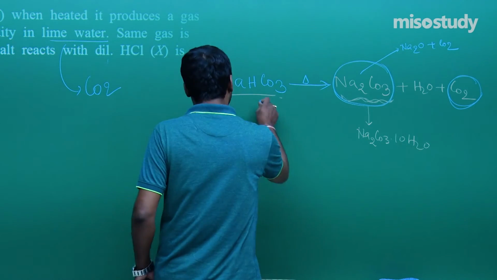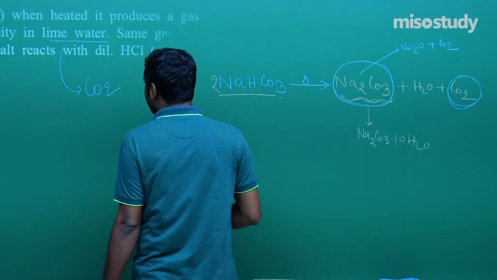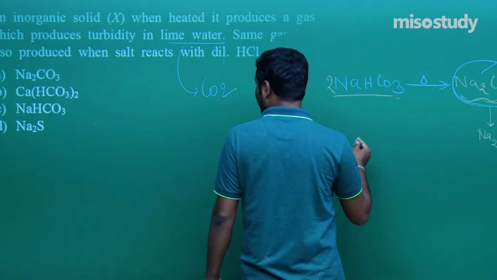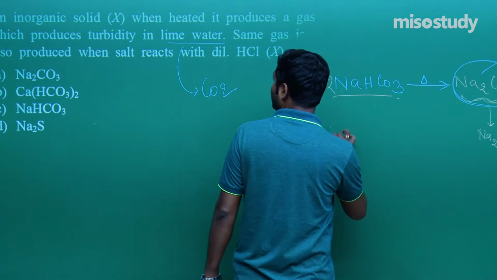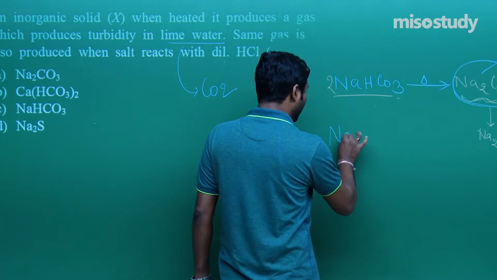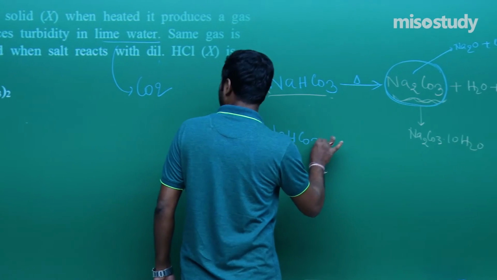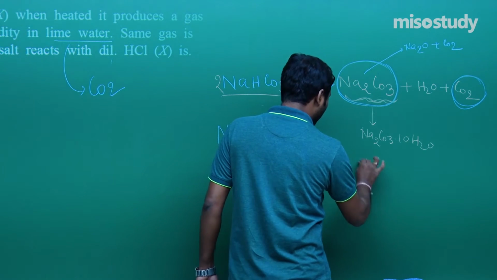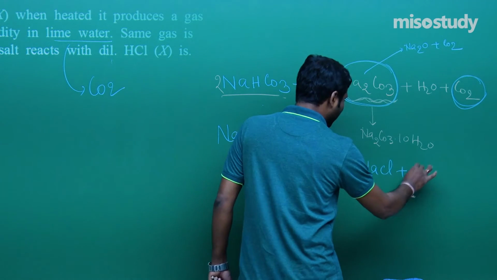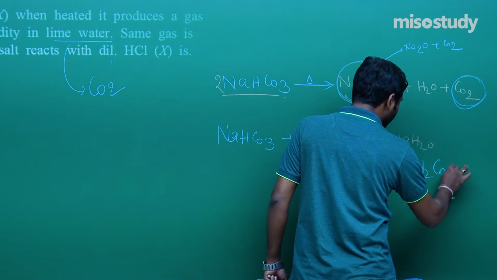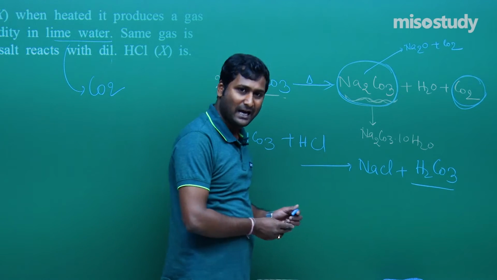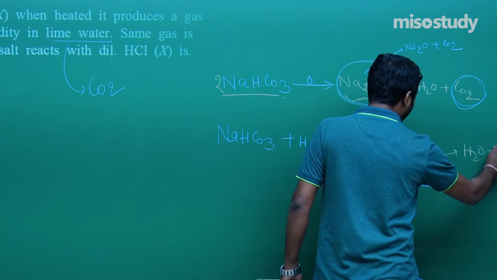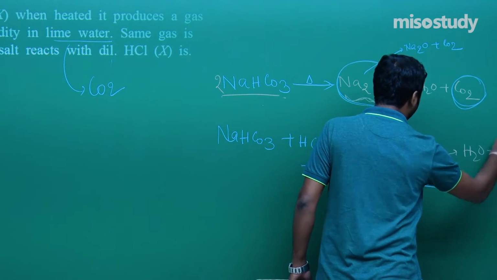Now the second, that is calcium hydrogen carbonate. Now if I talk about the treatment with HCl, NaHCO3 when treated with HCl, what will happen? It will form NaCl, and gives you H2CO3. As we know H2CO3 is not stable, it will give H2O and CO2.